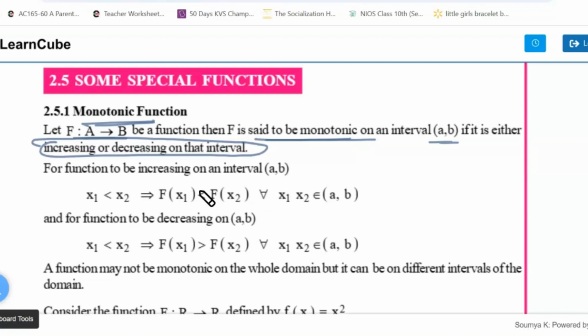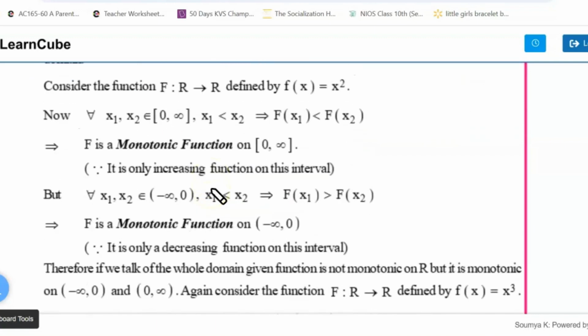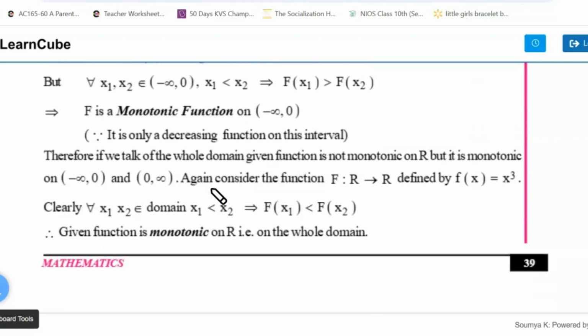So to understand what increasing or decreasing in an interval is, consider the function f of x equals x cubed. If this is our function, it should be either increasing or decreasing. Let's find out how to do that.